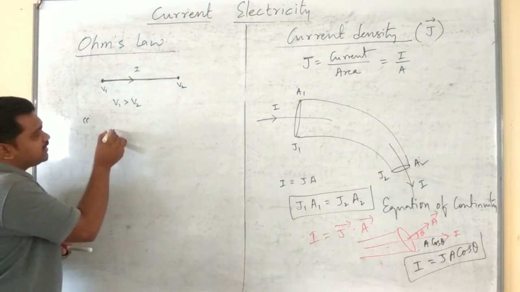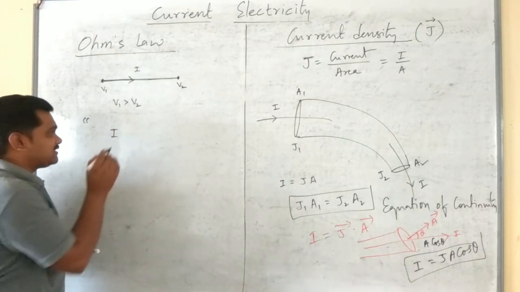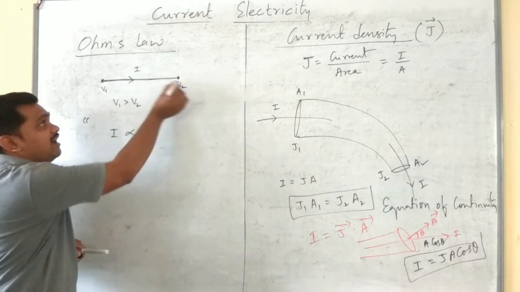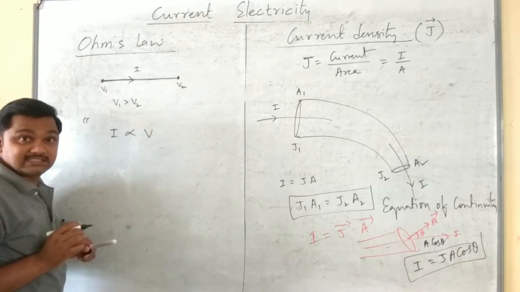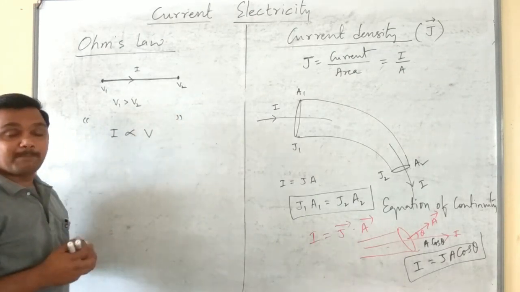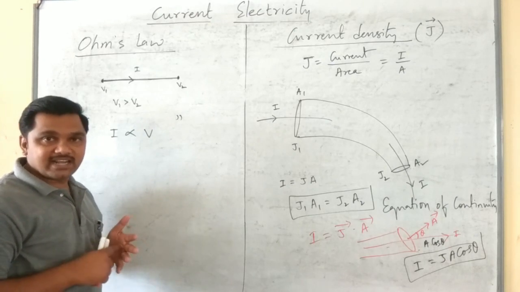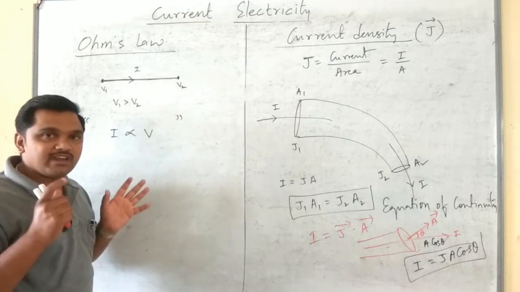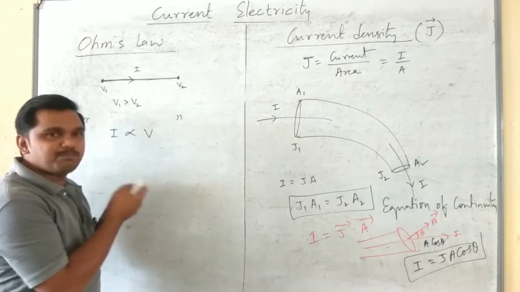The current flowing through the conductor is directly proportional to the potential difference across its ends, provided the physical conditions like temperature, pressure, strain, etc. are kept constant. Very important and very simple statement.